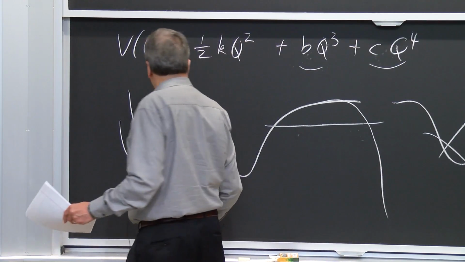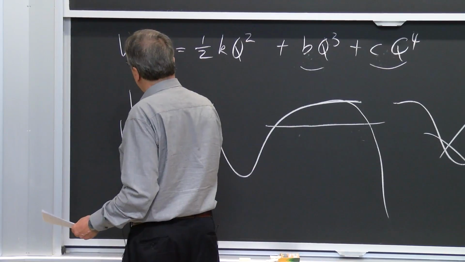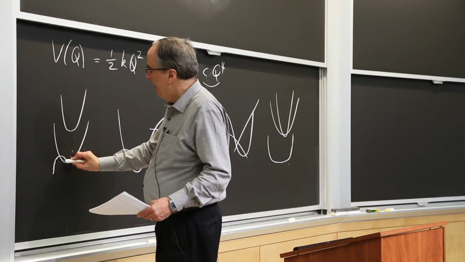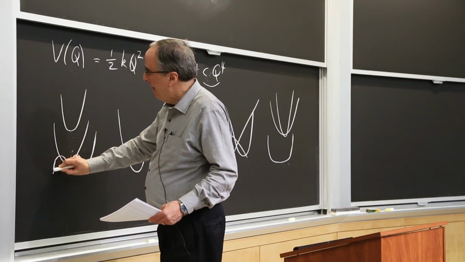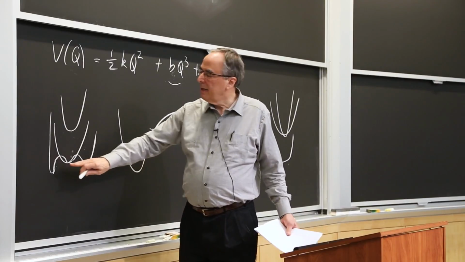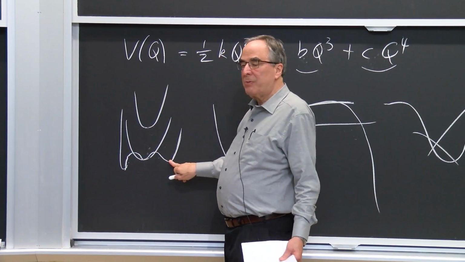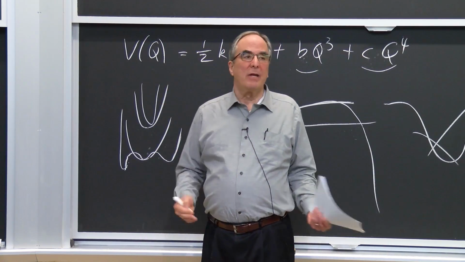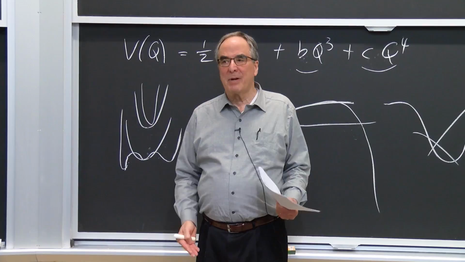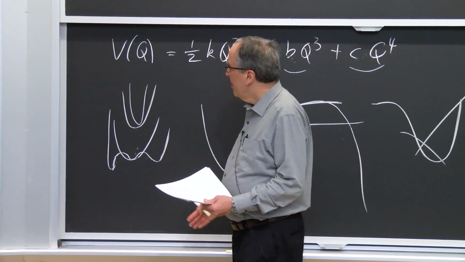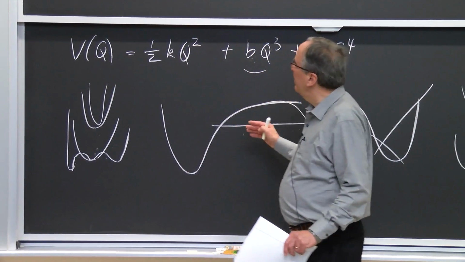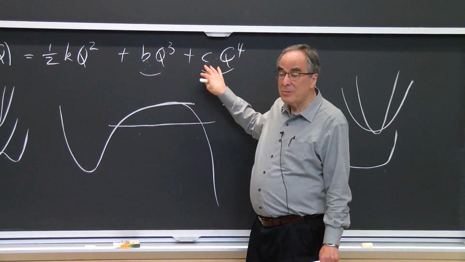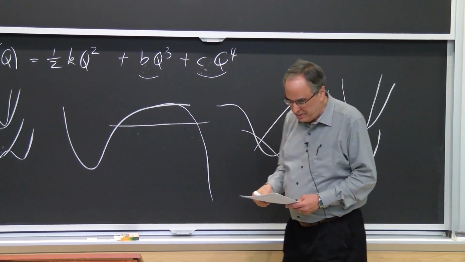And as a result, what happens is that this potential does something like that. So you get either a flattening or an actual extra pair of minima, and this one gets sharper. That's called a vibronic interaction, and that's fairly important in polyatomic molecules. But so we can begin to understand these things just by dealing with these terms in the potential.